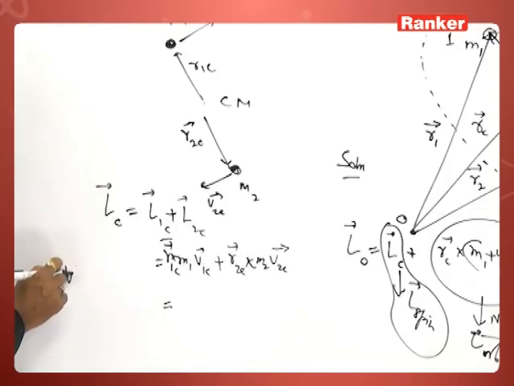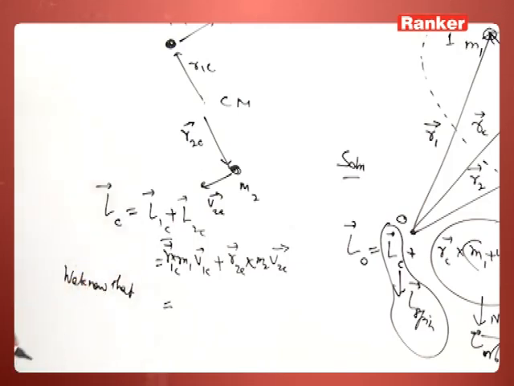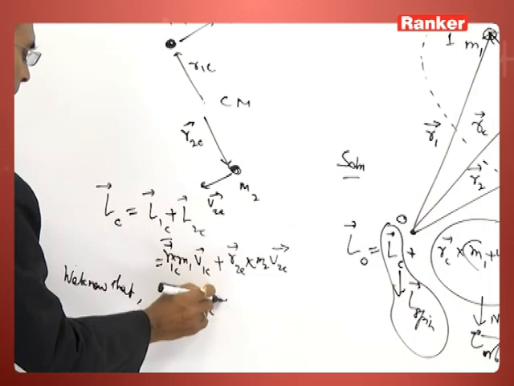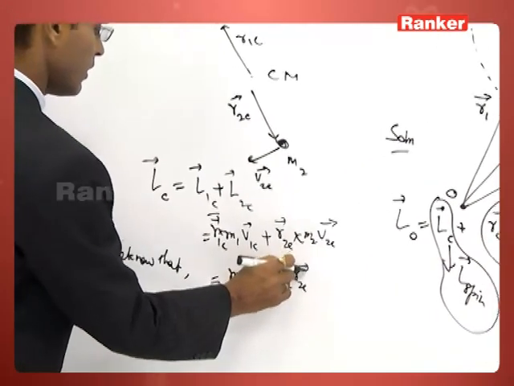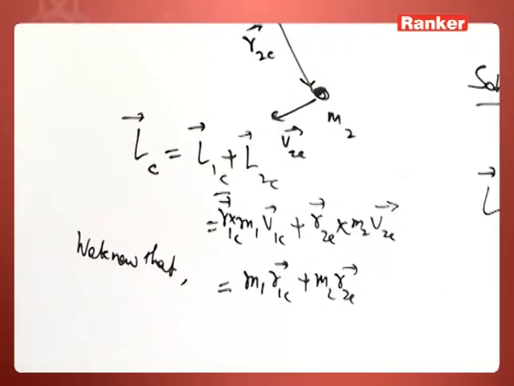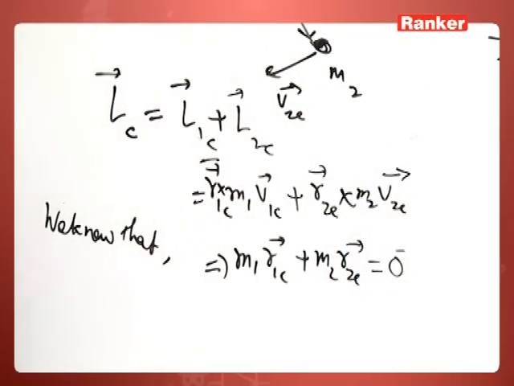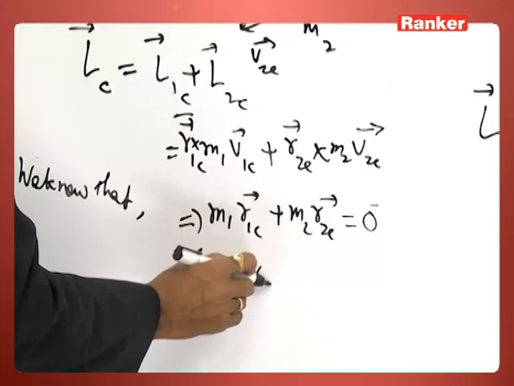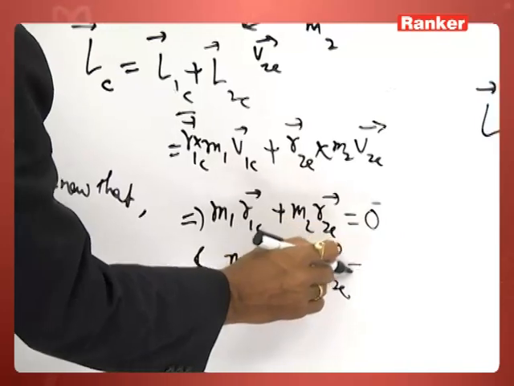We know that m1 r1c plus m2 r2c is equal to 0, and m1 v1c plus m2 v2c is equal to 0.